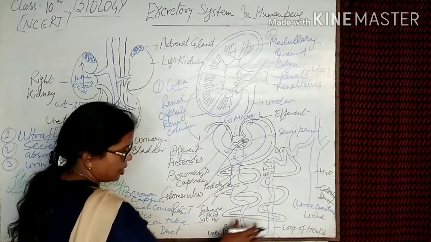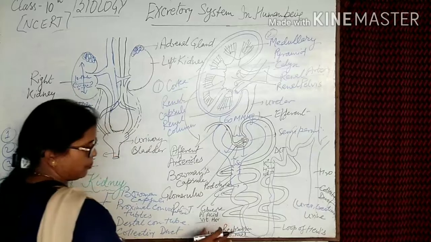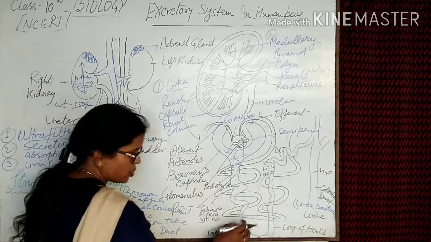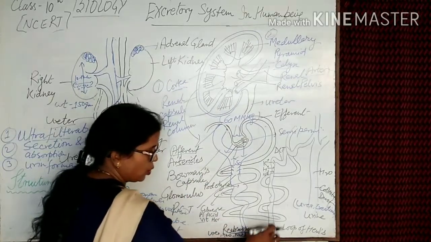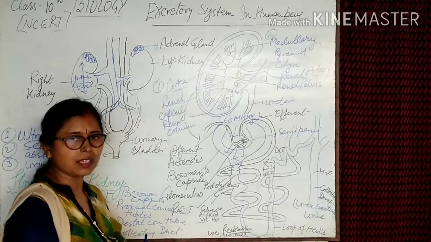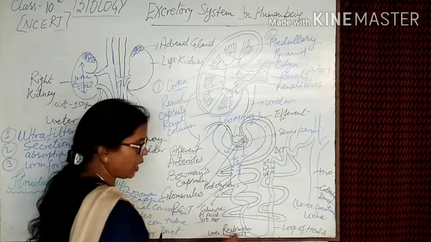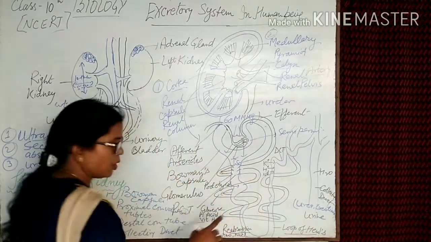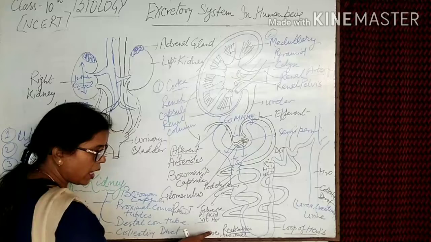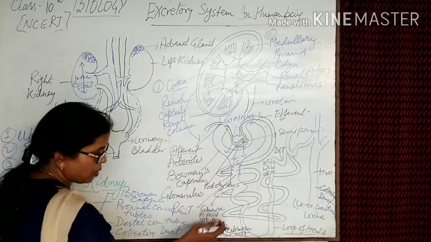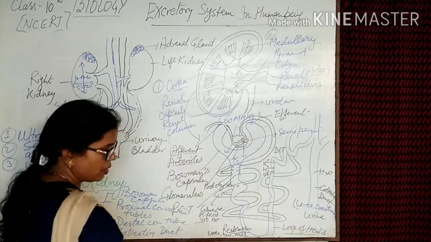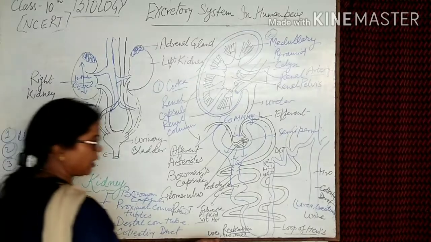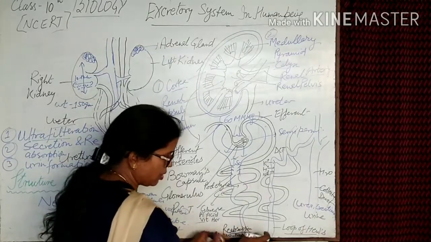The second part of the proximal convoluted tubule is a U-shaped or loop-like hairpin structure, known as the loop of Henle. The loop of Henle is the reabsorption center, where maximum urea, water and salts like NaCl are trapped.